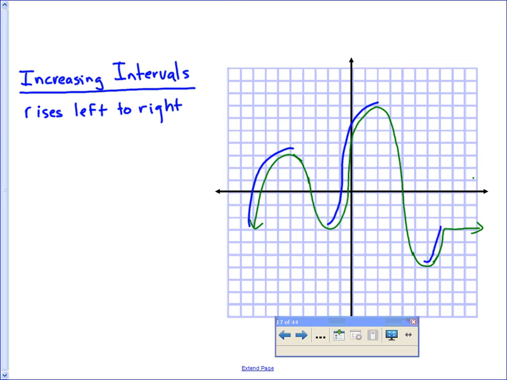We have concave up and we have concave down. This is really, I think, the most confusing concept, just because you tend to think that concave up is concave down and vice versa. So let's look at some intervals where we are concave up.